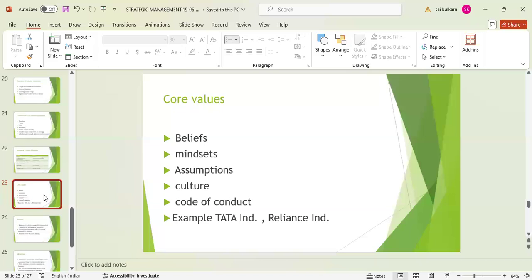core values. Core values for the organization are related to ethics, beliefs, mindsets, assumptions of the organization, code of conduct, and the culture of that organization. So you have heard words like work culture, working environment.